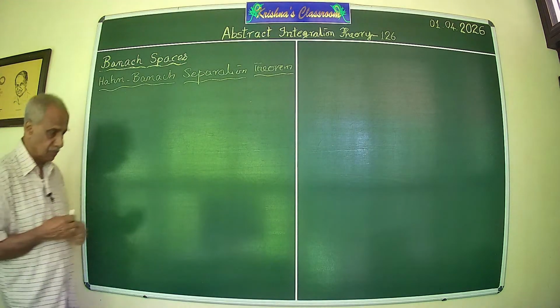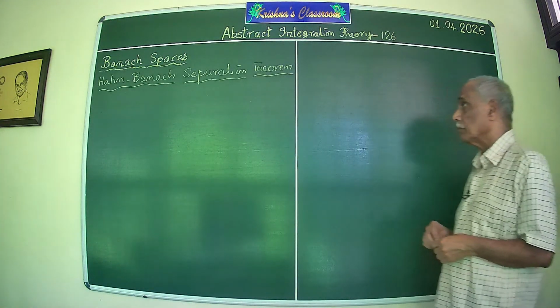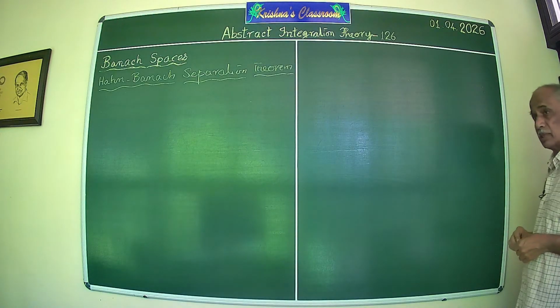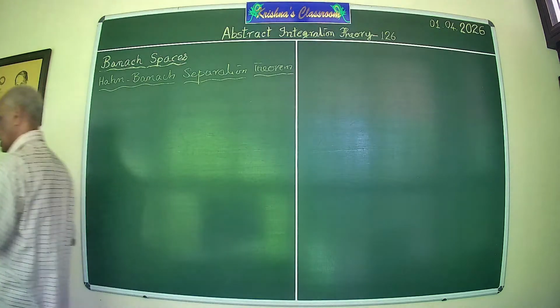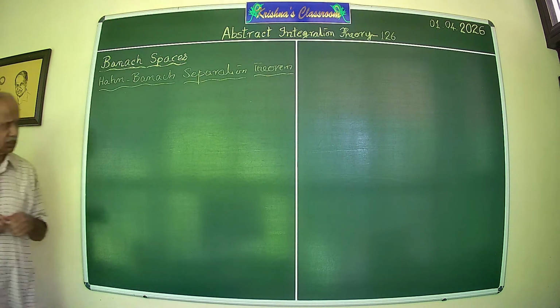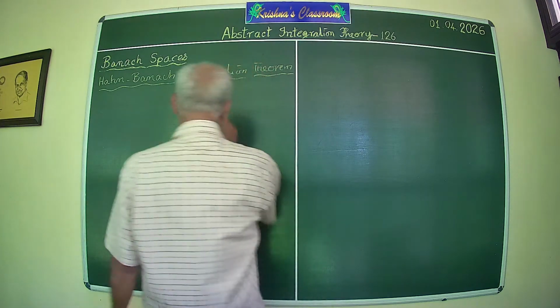In this talk, we consider another Hahn-Banach theorem, namely the Hahn-Banach separation theorem. It's a very fascinating result, and it's quite easy to understand what it is. Suppose you take R2.